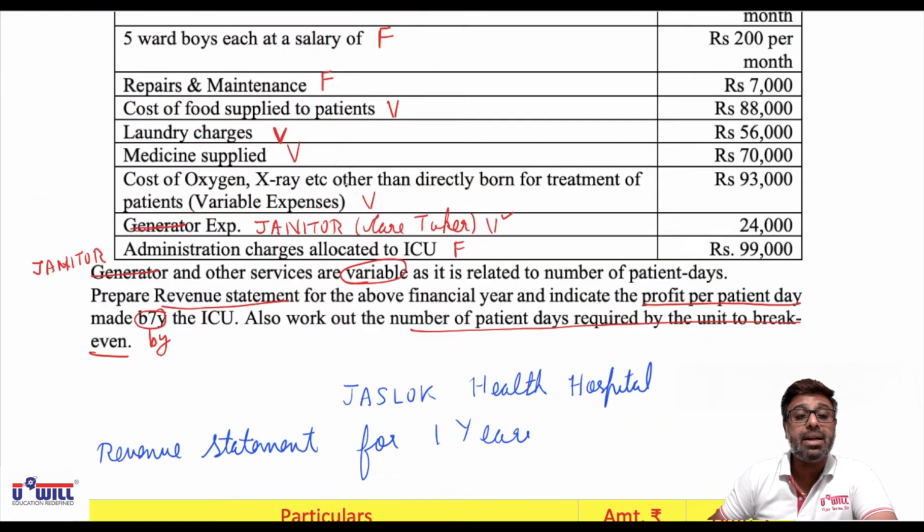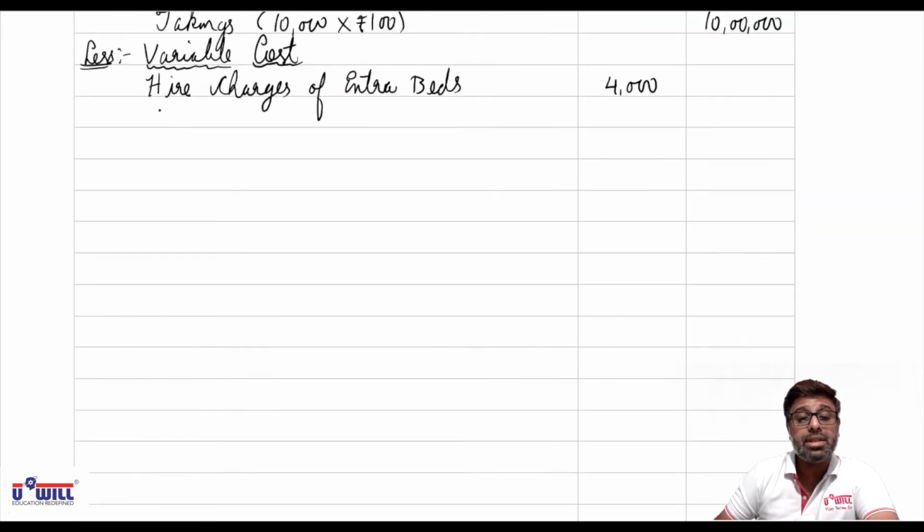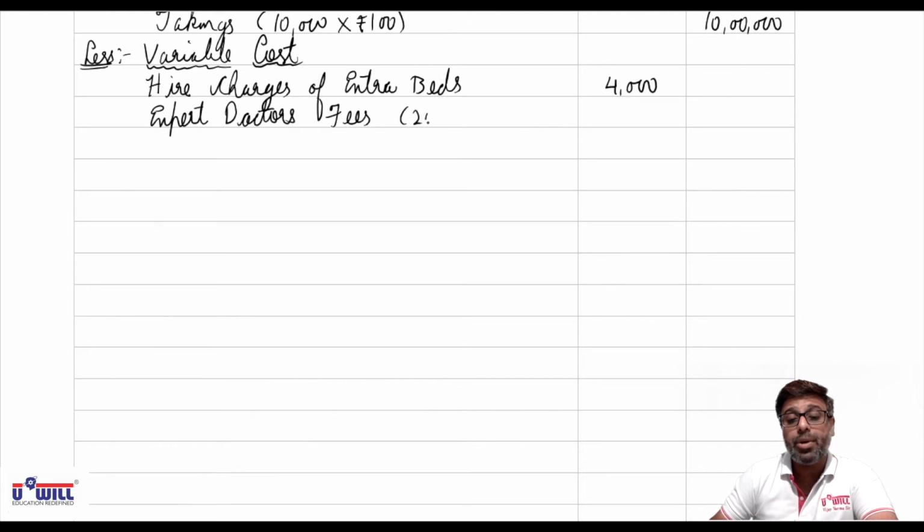Then what else is marked as V? Expert doctor's fees, 20,000 per month. So 20,000 into 12 months.